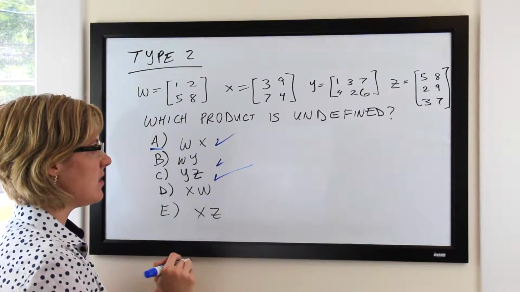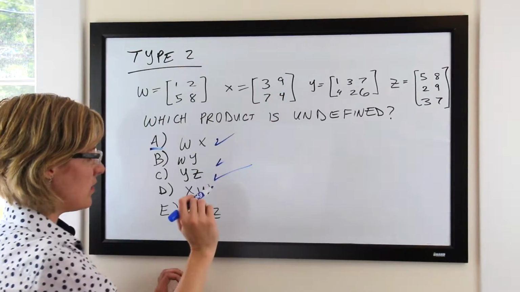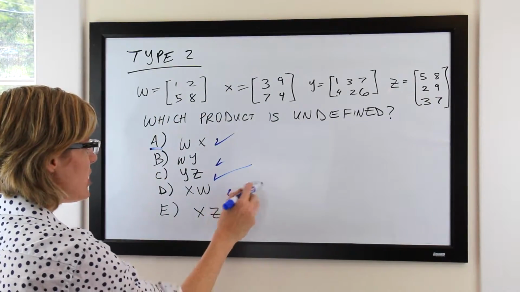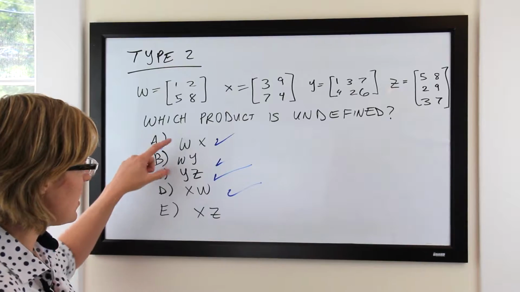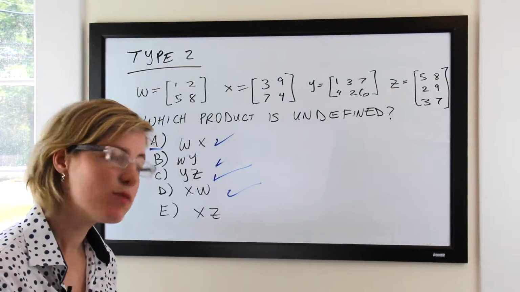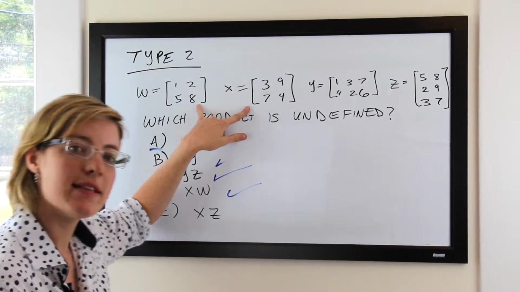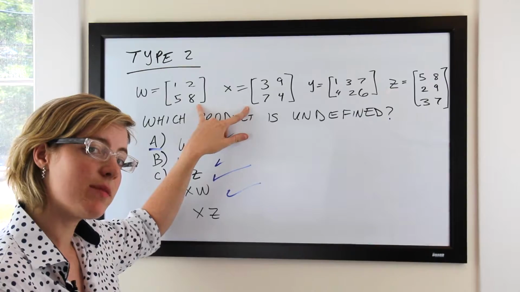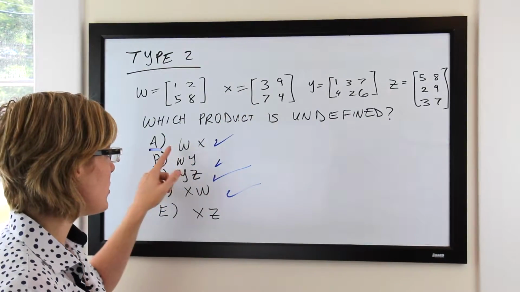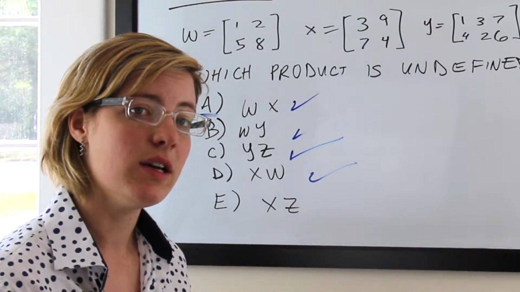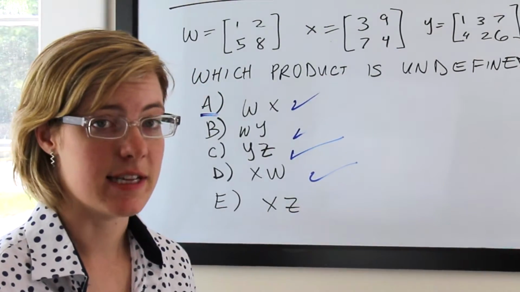Answer choice D. We have 2 columns and 2 rows. Again, this works. I want you to note something. WX worked and XW worked. This was because these both had the same number of rows and columns. This is not always going to be true. Not always will you have the reverse of one operation working, only when they have the same number of rows and the same number of columns.